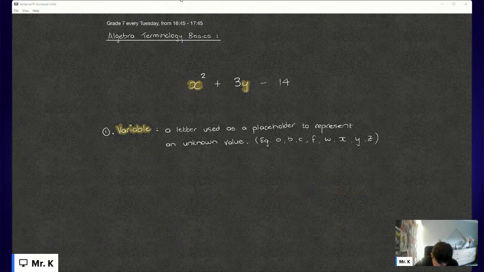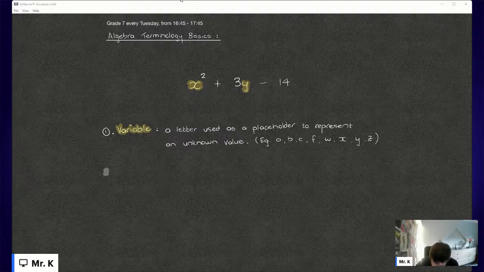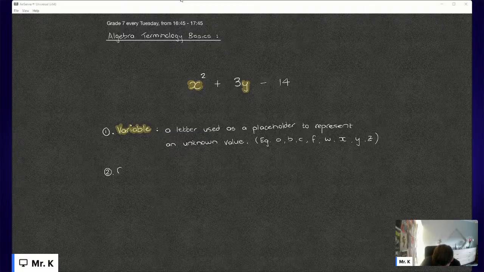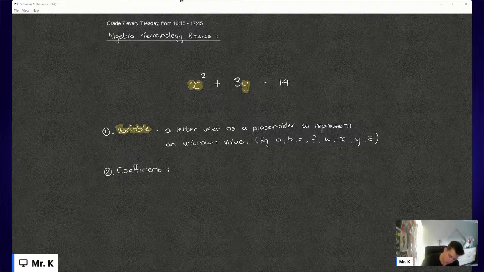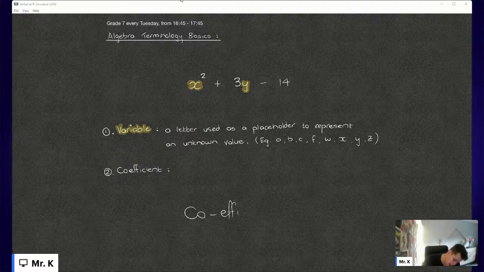Let's move on to word number 2. We need to understand what a coefficient is. Coefficient. Right. Now, when we look at the word coefficient, it's sometimes written with a hyphen in between.